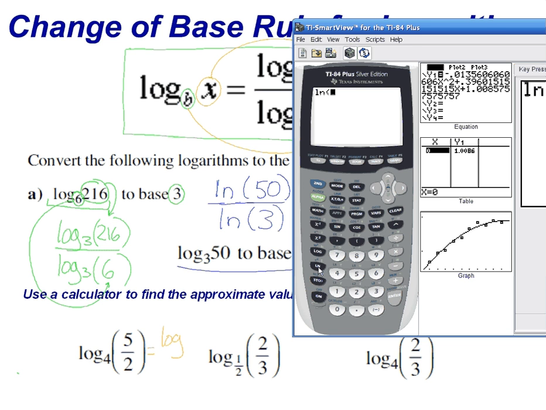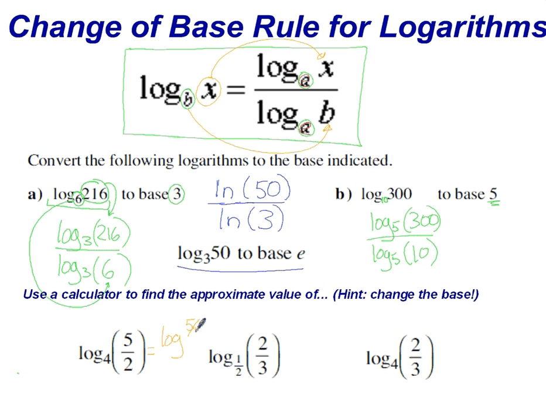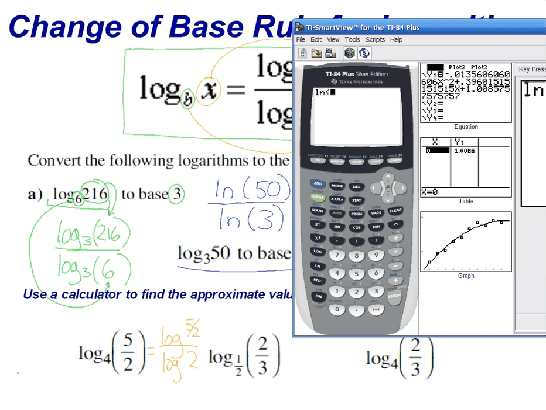So what I would do is I would choose log 5 over 2, over log 2, and that would then allow me to evaluate. So log 5 over 2 divided by log 2. Okay. So anyways, that's how we change the base, and then we get a value right there.